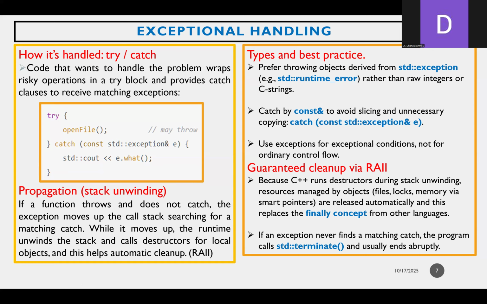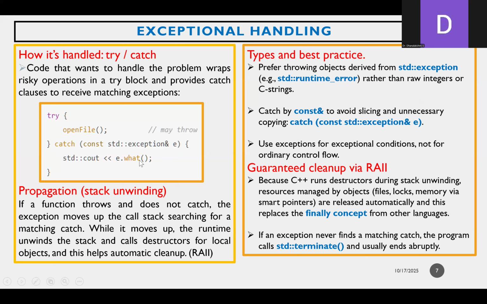Its type is always const std::exception ampersand e. It is const because we cannot modify it, and it's always safe to have it that way. The ampersand is there because we catch it by reference, avoiding copying and preserving polymorphism. std::exception is the base class of most standard exceptions in C++, such as runtime_error or invalid_argument.